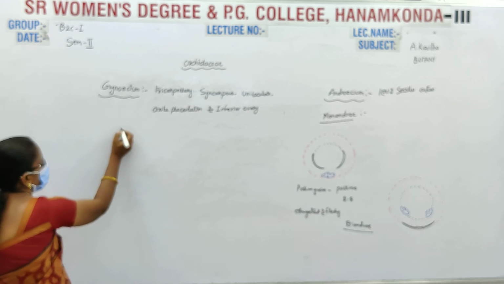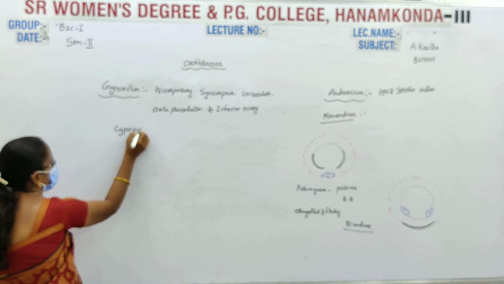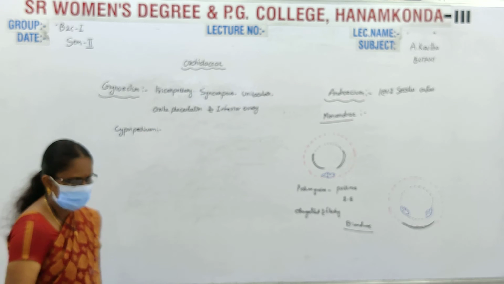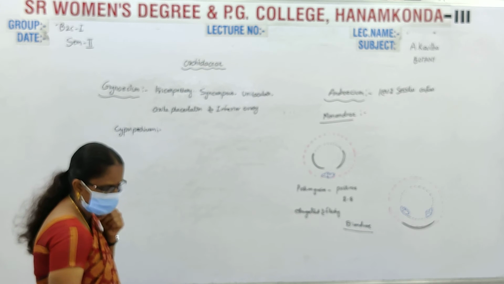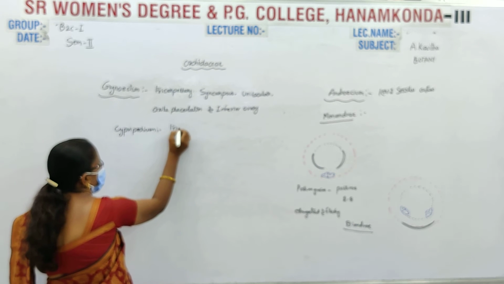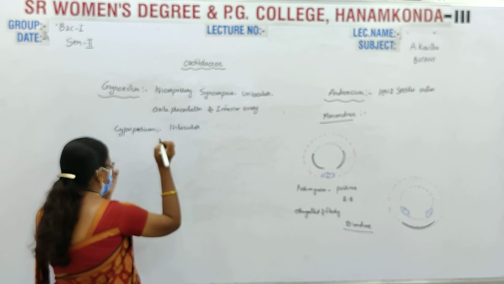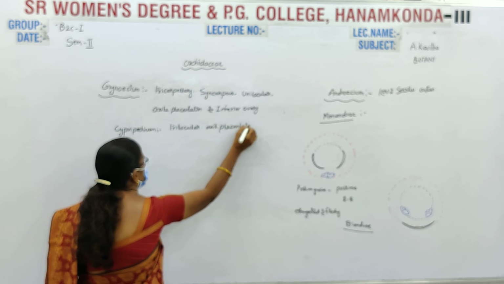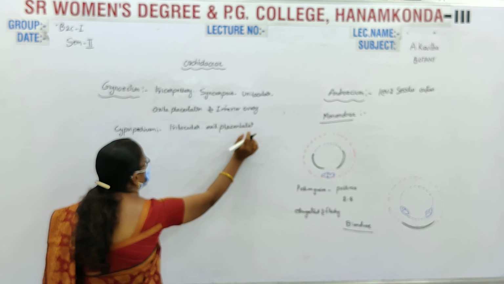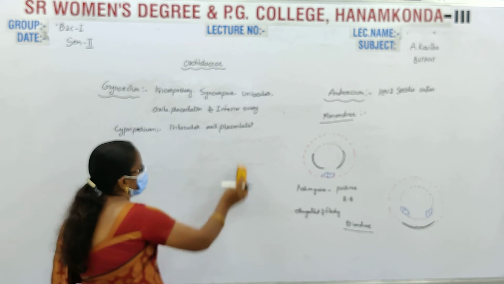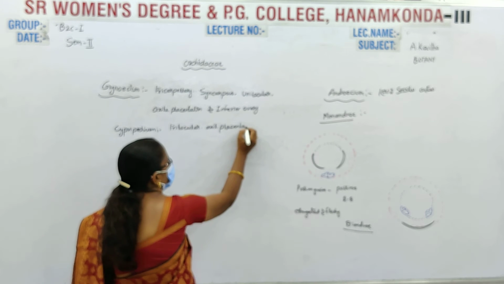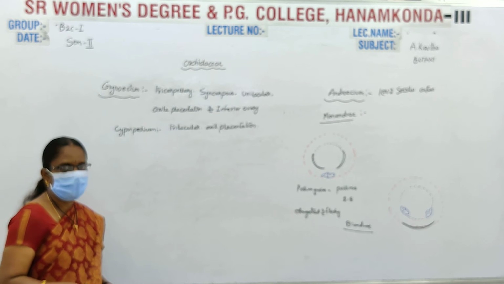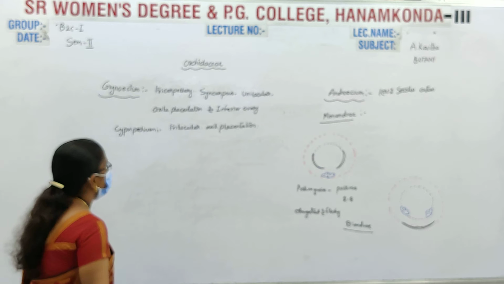In Cypripedium flowers, the ovary is trilocular with axile placentation: tricarpellary, trilocular, and axile placentation.